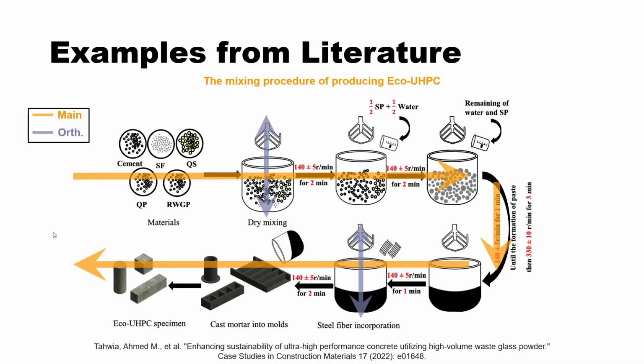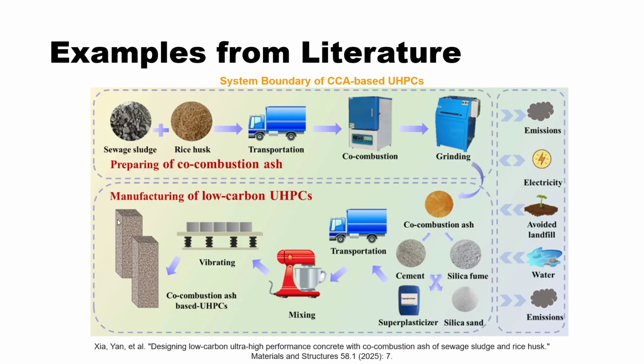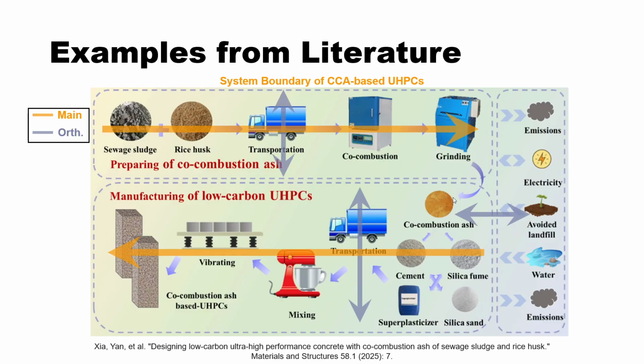I can see materials that are prepared to be dry mixed for a certain time, then adding part of the water, then mix again, and then I go along until I have my specimens. This is a very similar graph, also using illustrations, because who said you can't? You can use it for sure. And it's going in the same direction as well.